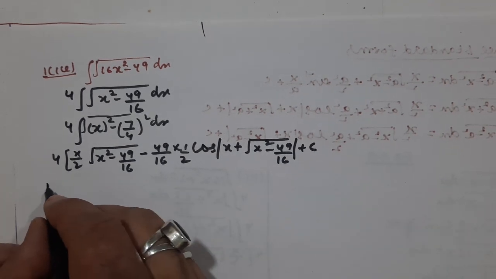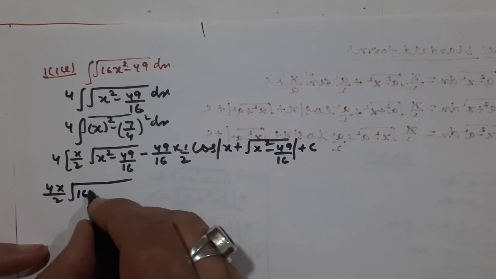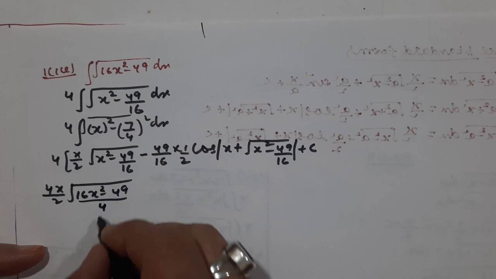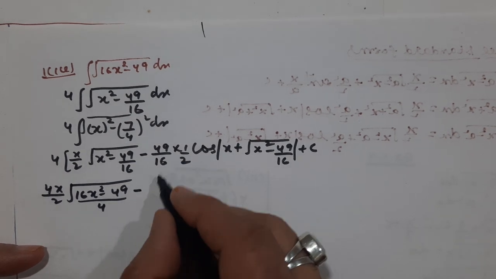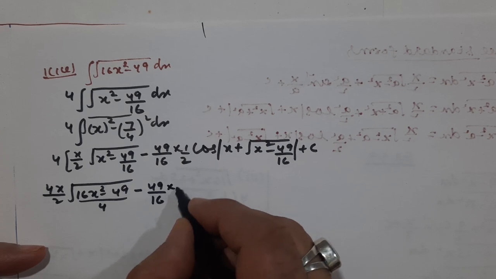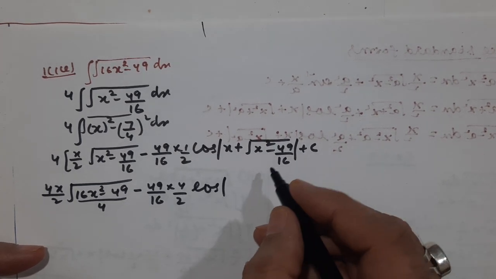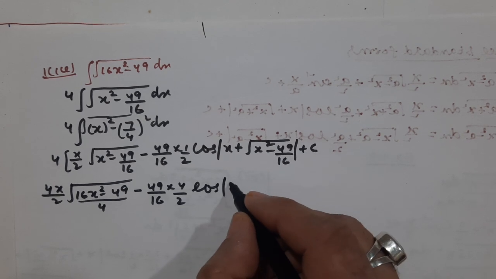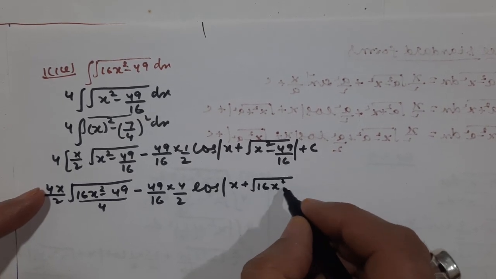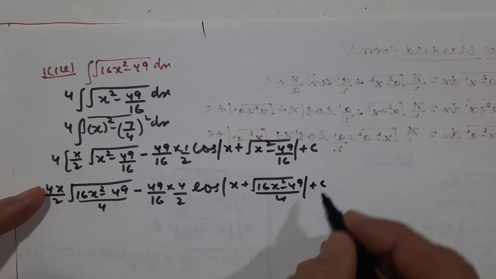Now solving it, so we get 4x upon 2 under root 16x square minus 49 upon 4, minus, now multiplying by 4 here also, 49 by 16 into 4 upon 2 log, now taking LCM. So here we get x plus under root 16x square minus 49 upon 4 plus c.